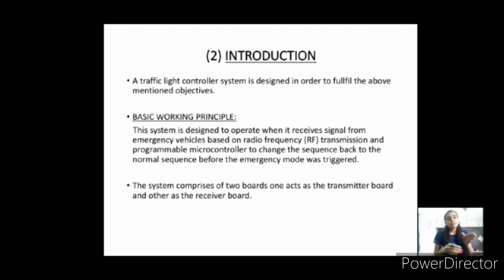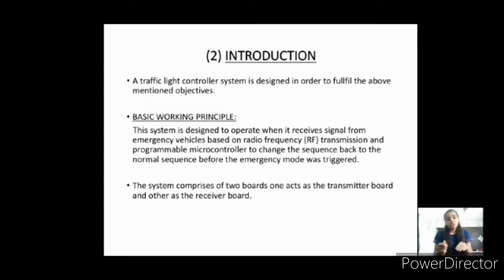The transmitter board transmits the signal and the receiver board receives it. The transmitter board is connected to the ambulance and the receiver board is at the traffic junction. The transmitter board has four slider switches which show from which lane the ambulance is going to come. Whenever the ambulance person sends the signal that it is coming from the third lane, the receiver board receives that signal and acts accordingly.